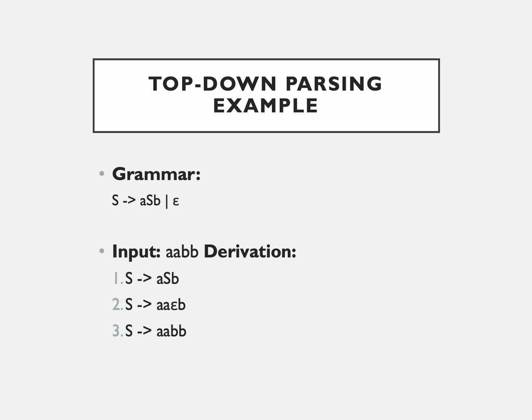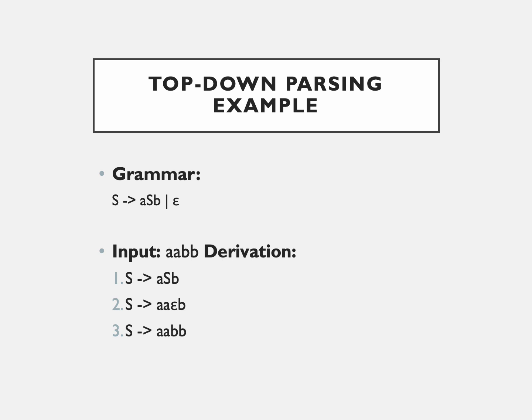Now on step 1, we'll start with the initial symbol S and apply the rule S pointing to aSb. Now the string is partially derived as aSb. On step 2, for the new S in the middle, apply S pointing to aSb again. The string becomes aaSbb.